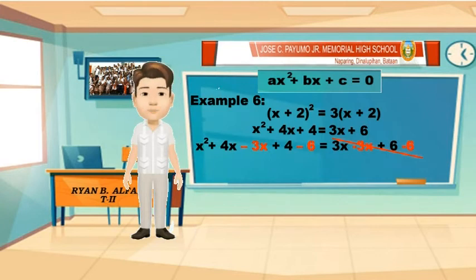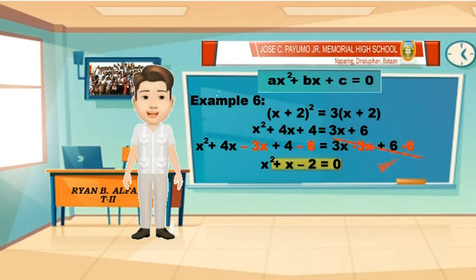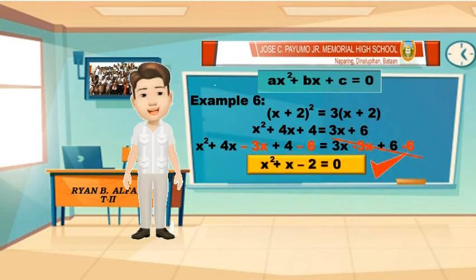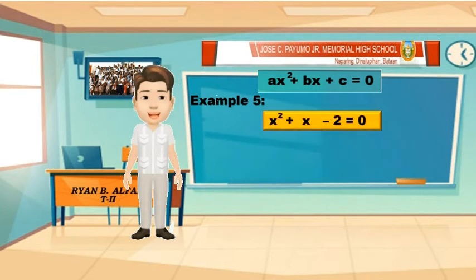And on the left side, we have to combine like terms. So we have x squared plus x minus 2 is equal to 0. So our standard form, x squared plus x minus 2 is equal to 0. The value of a is 1, the value of b is 1, and the value of c is negative 2.